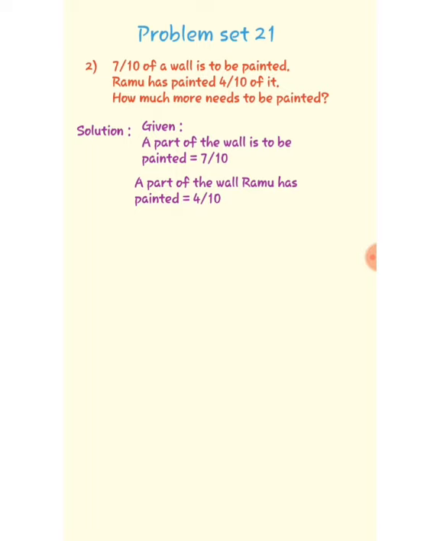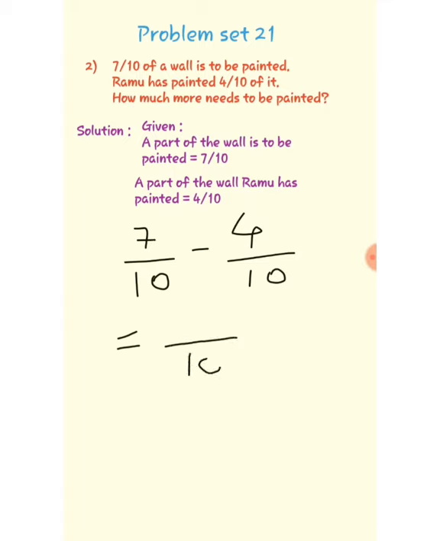So we will have to subtract 7 upon 10 minus 4 upon 10. We will see that the denominator is common, so we will write it only one time, 10, and we have to subtract the numerators. 7 minus 4 is 3 upon 10.